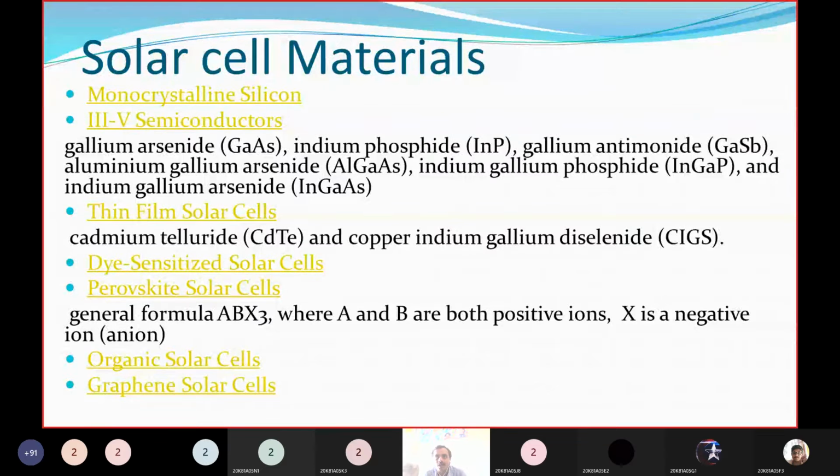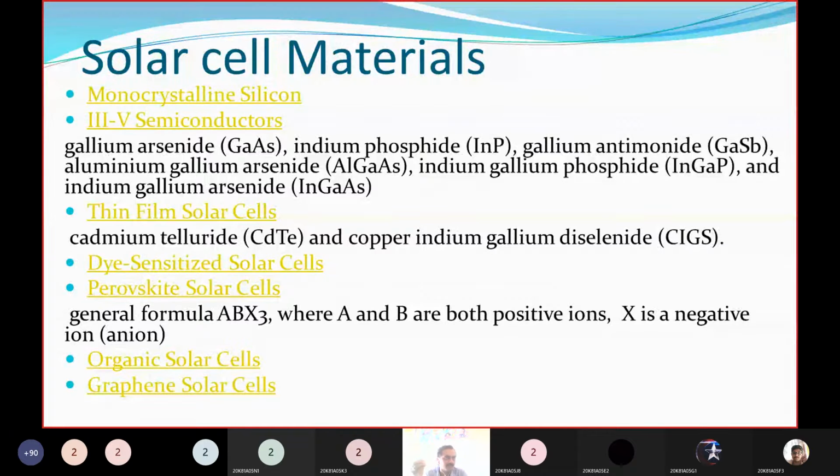Because nowadays, solar cell materials are the most encouraging materials, since the whole future depends on them. All other sources are not renewable, but only solar energy is renewable.